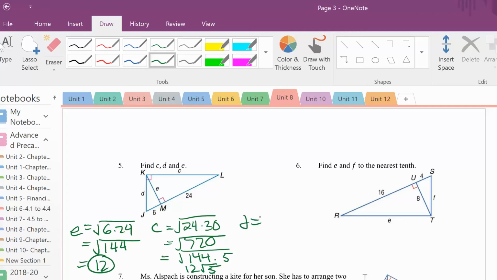And for D, it would be the geometric mean between 6 and 30, so that's the square root of 180, which is equal to the square root of 36 times 5, which is 6 radical 5.